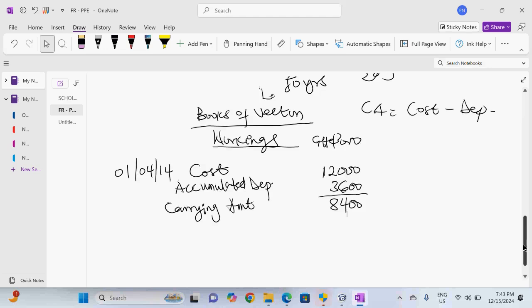So it means it was in the business for some period of time before the revaluation. Let's determine the period, because the revaluation was on 1st October 2014. From April to October, that is how many months? 1st October is the same as 31st September, so it means from April to September.